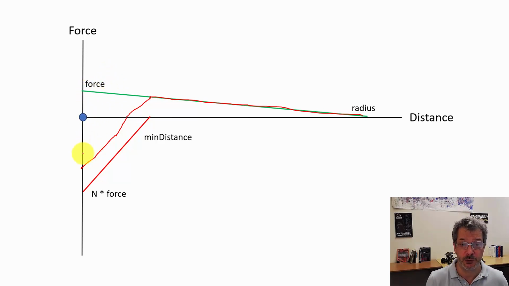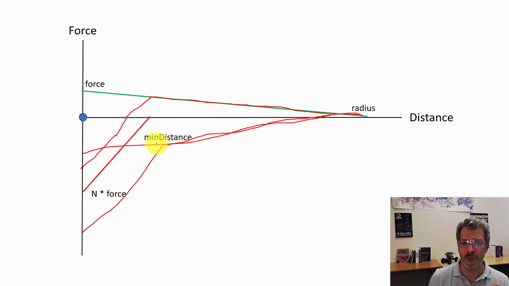If this force were repulsive, imagine it's a straight line like this, then we would add those two together and we would get a net force that looks like that. It's always repulsive, and unlike the previous model, it doesn't have that weird 0 force in the middle. So that's a slightly simpler model that we'll do in code.